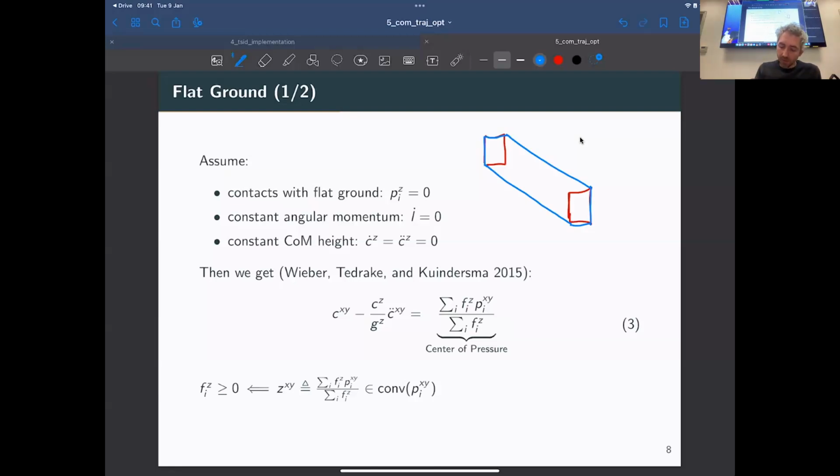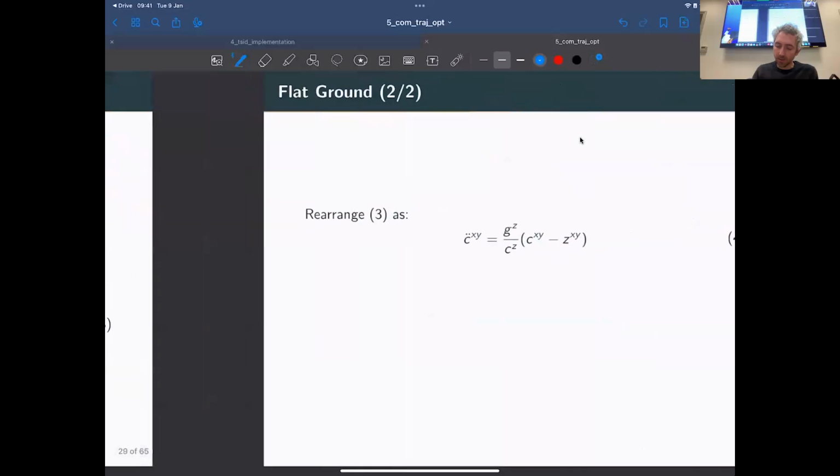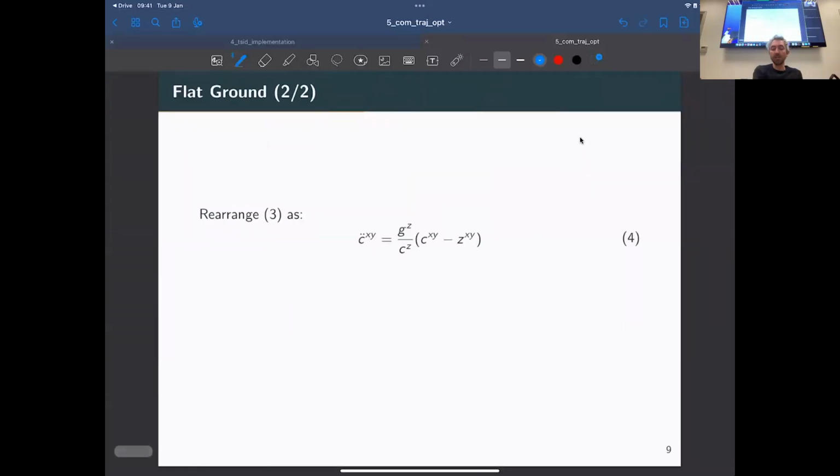Okay, so this expression is the linear inverted pendulum model. And now we can see it basically defines the center of mass acceleration as a linear function of the center of mass position and the center of pressure position.